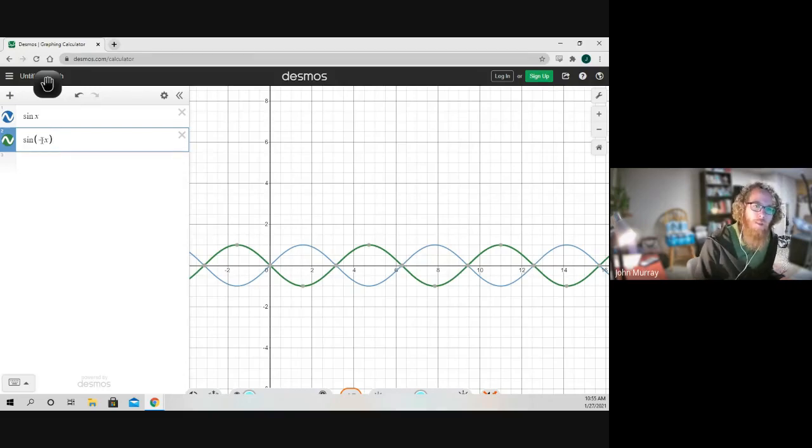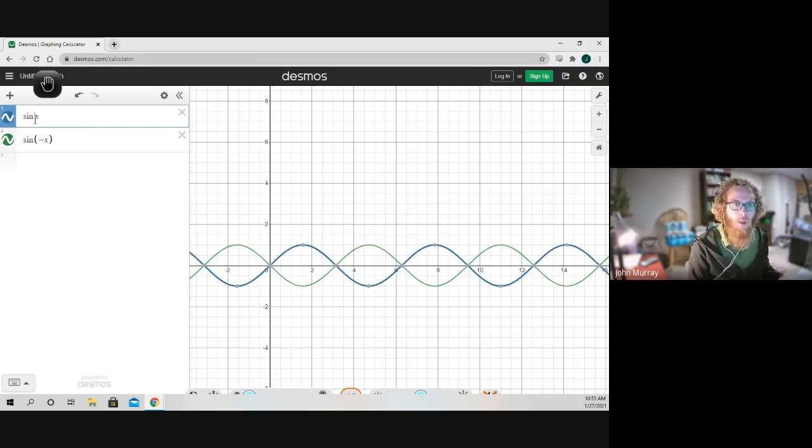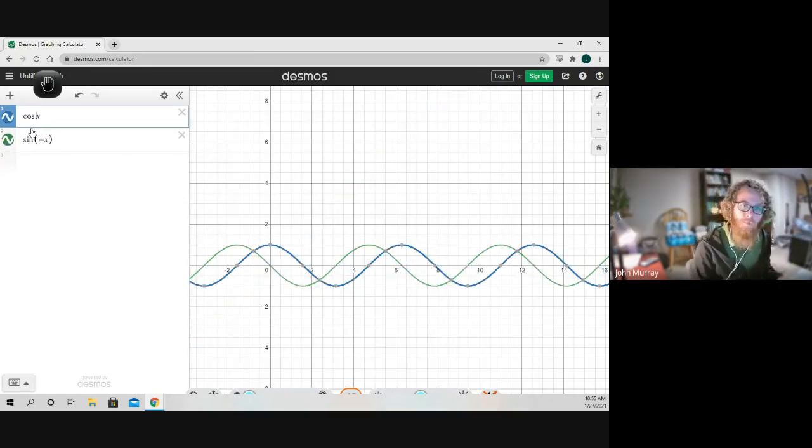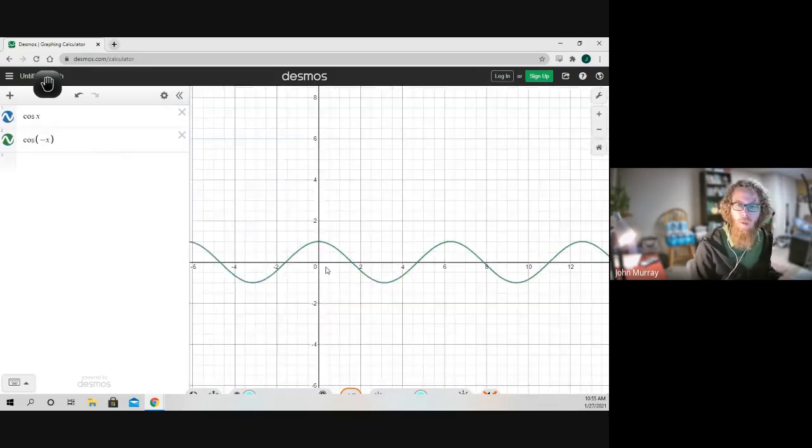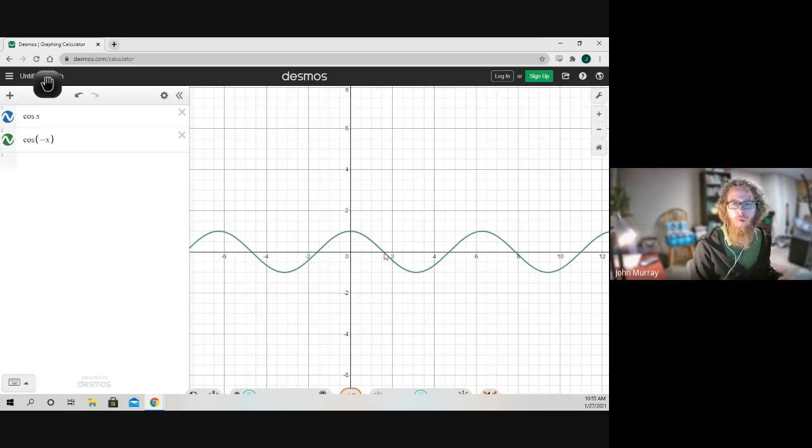So when we throw a negative in front of the x and not in front of the whole function, it's a horizontal flip. The reason we didn't see anything with cosine is because that's what we call an even function. It's symmetrical.